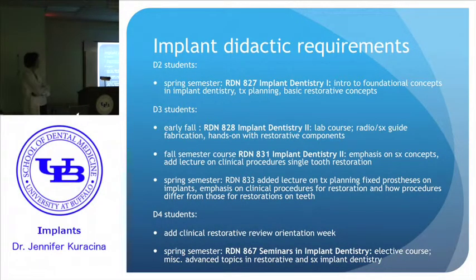Okay, I just want to quickly tell you what the students have in terms of background. Beginning in their D2 year in the spring semester, they have their first implant dentistry course where they learn foundational concepts, general restorative concepts. During the early fall, they have a laboratory course where they learn to make surgical guides and make impressions, and play with the parts.